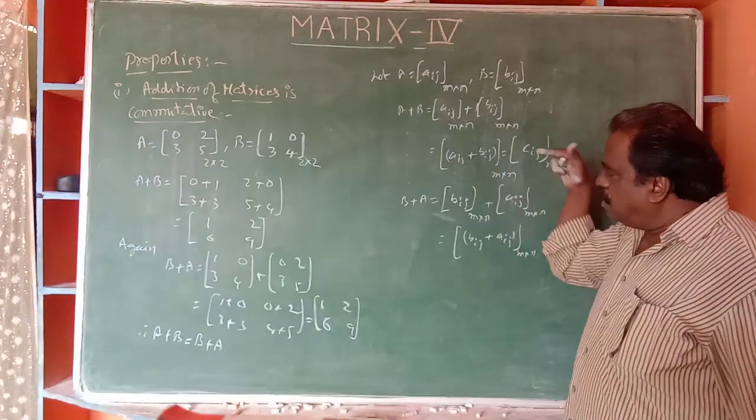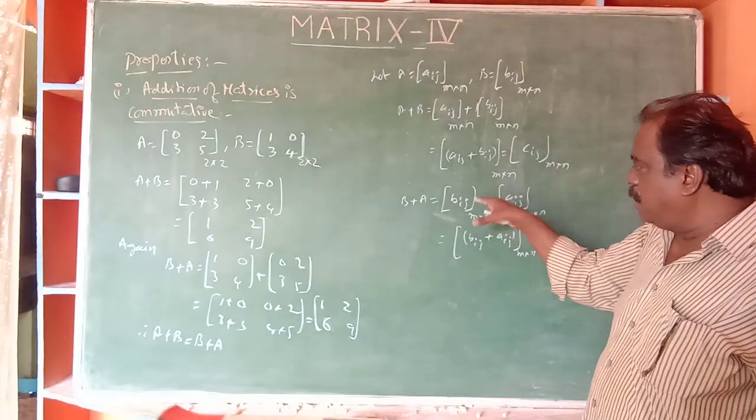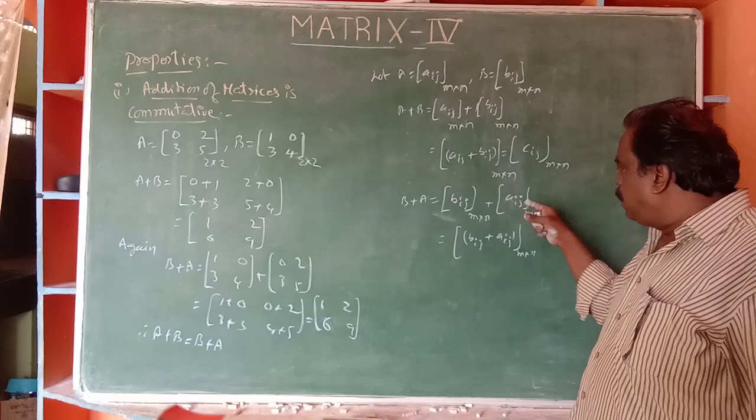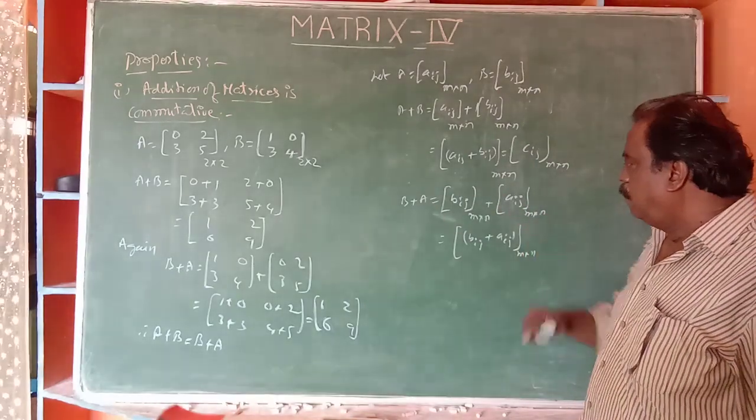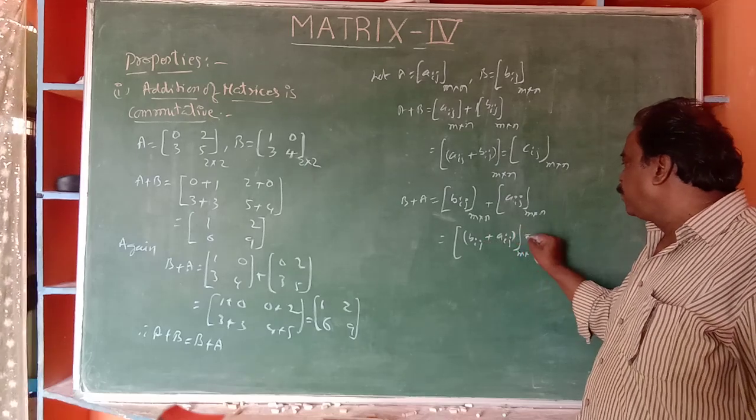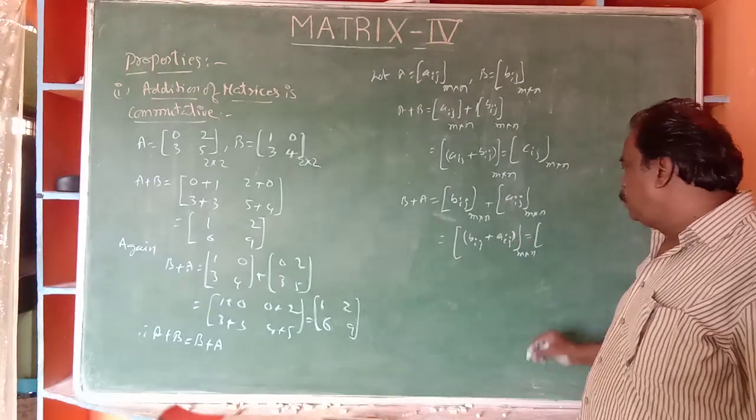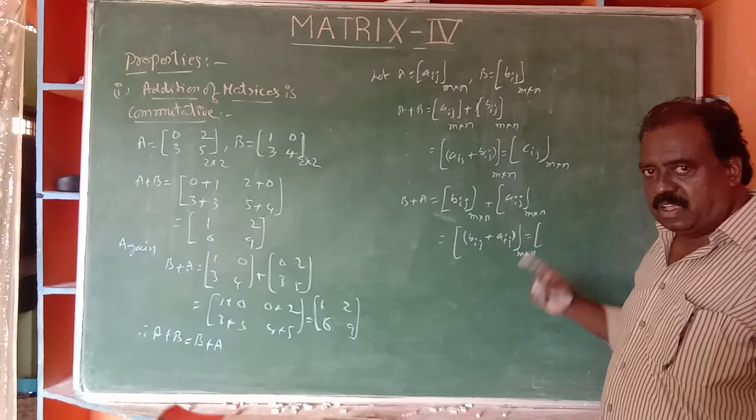The first element of B and the ith row, jth column, first element of A are added together.